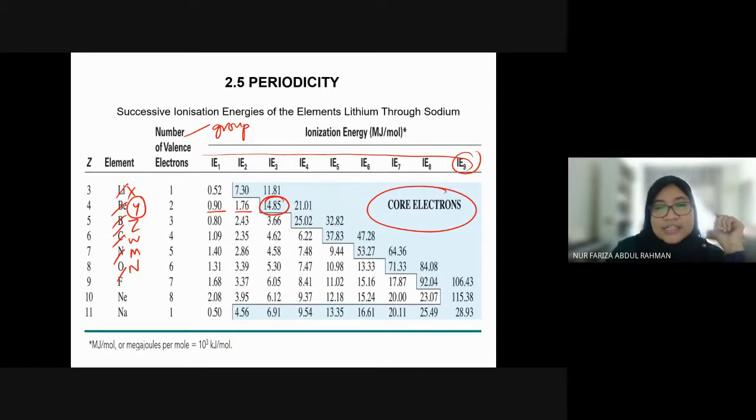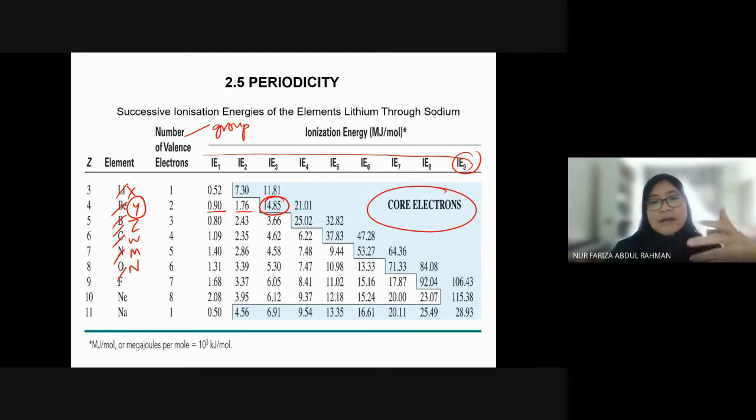Okay, so this shows that the electron now is being removed from the core or from the inner shell. Dia dah start buang dekat shell yang paling dalam. Okay, inner shell.